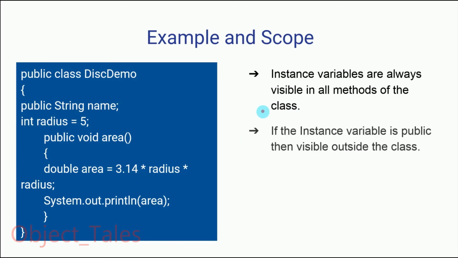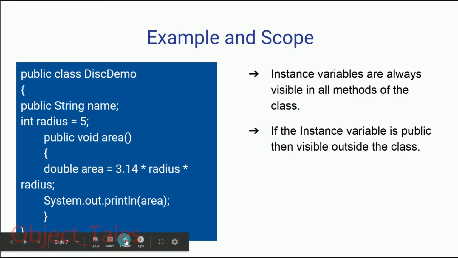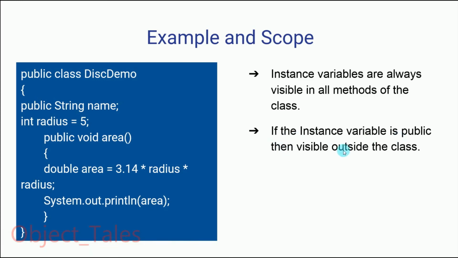Second, if the instance variable is public, then it is visible outside the class. As you can see, it is public, so it can be visible outside this class also.